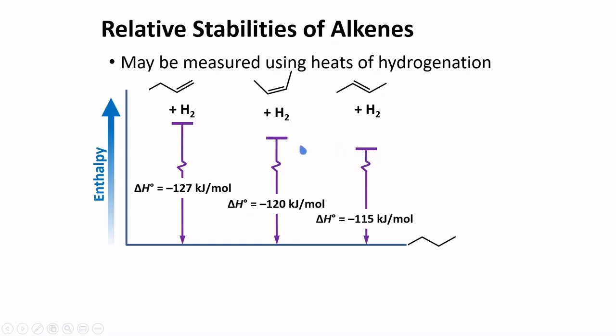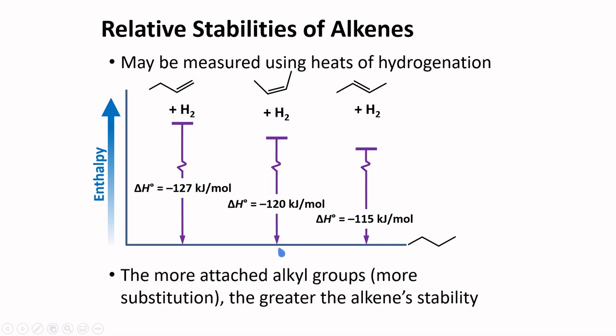Comparing these three compounds, this double bond is monosubstituted, while these two double bonds are disubstituted. A generalization can be taken that the more alkyl groups attached, or the more substitution present in the double bond, the greater the alkene's stability.